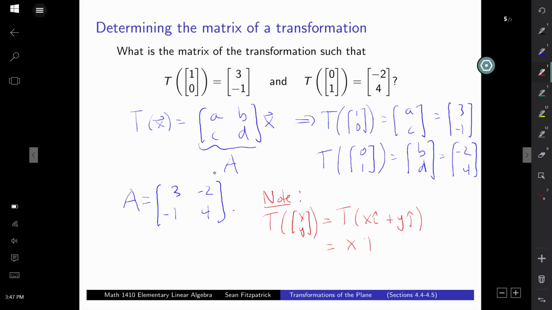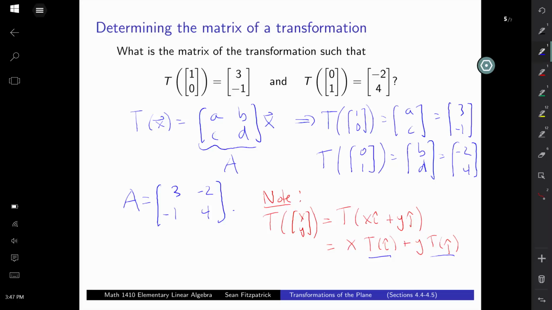I get x times t of i plus y times t of j. So as soon as I know these two values, the value of t on i and j, I know the value of t on every single vector, because I can always form this linear combination.